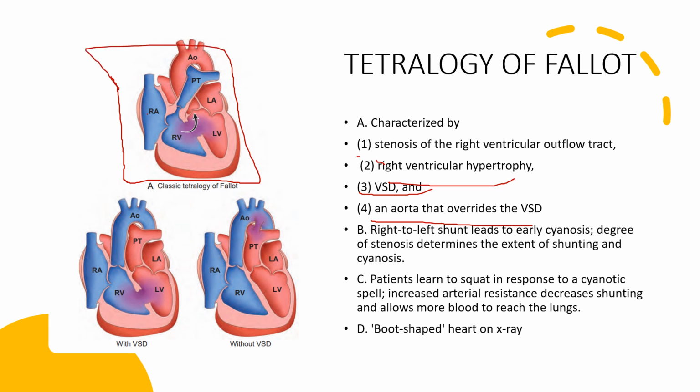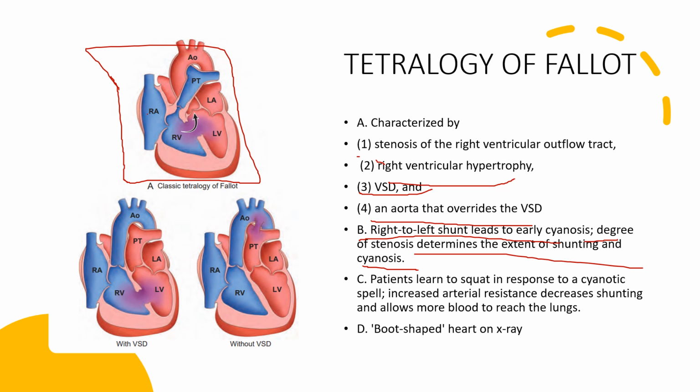Now right to left shunt leads to early cyanosis. Right to left. The degree of stenosis determines the shunting and cyanosis. Patients learn to squat in response to cyanotic spells. Why?